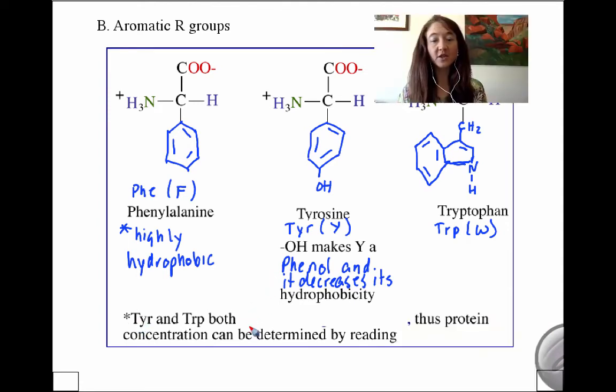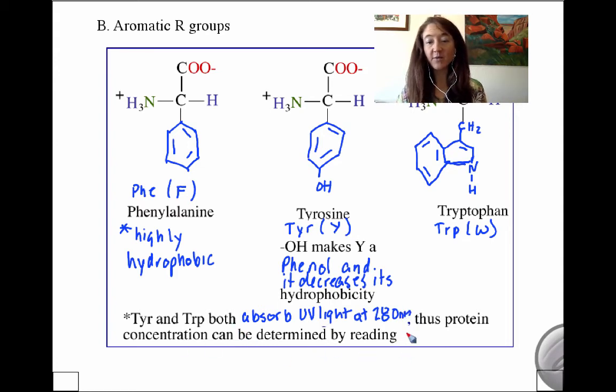So both tyrosine and tryptophan absorb UV light at 280 nanometers. Thus, protein concentration can be determined by reading what we call A280s.